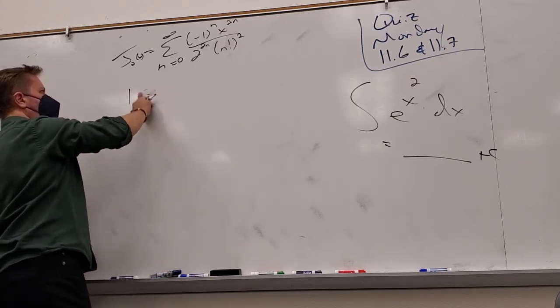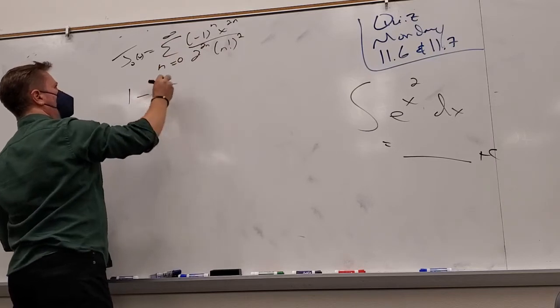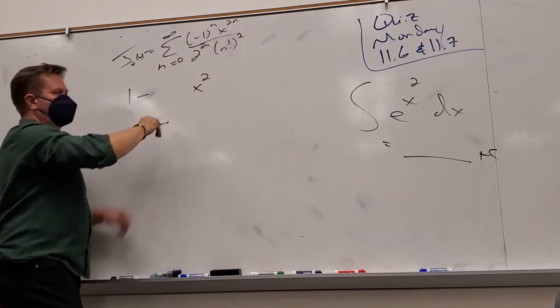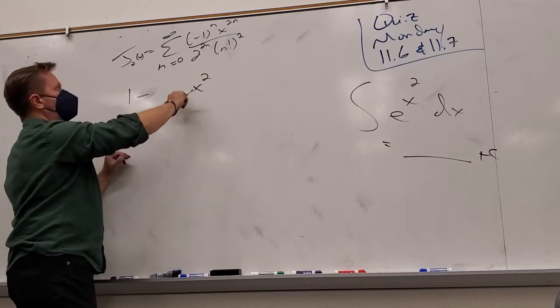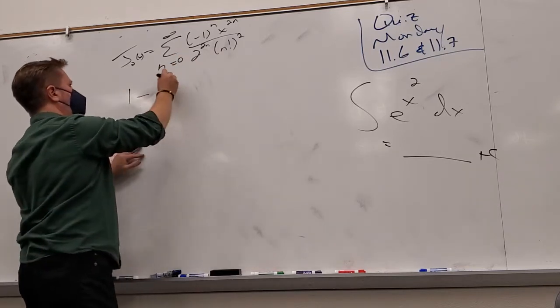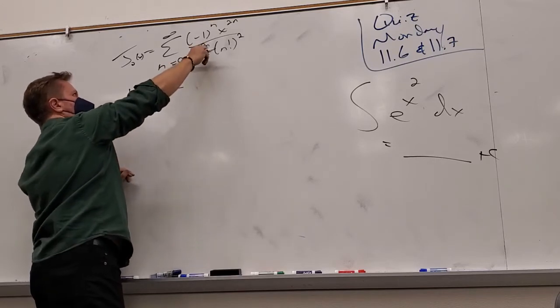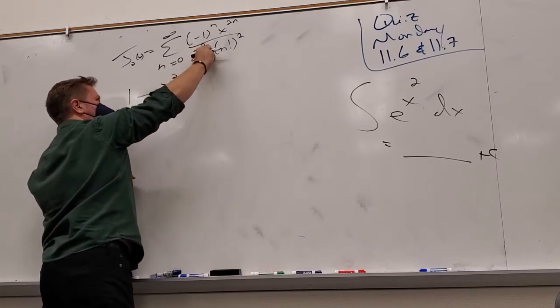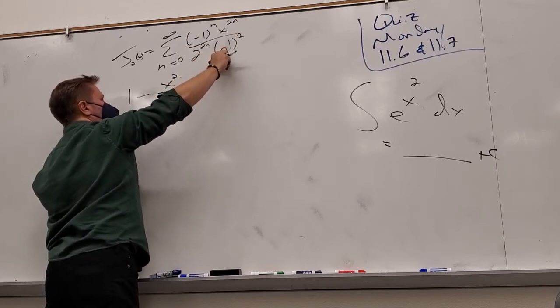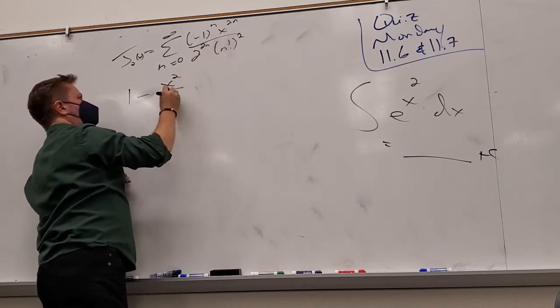I'll get a negative, right? Minus. I'll get an x squared, yes? I'm going to leave room so I can write the coefficient here. Actually, it'll be 1 over 2 to the first, 2 squared, 4, and then 1 factorial is 1, squared is 1, so I get this.